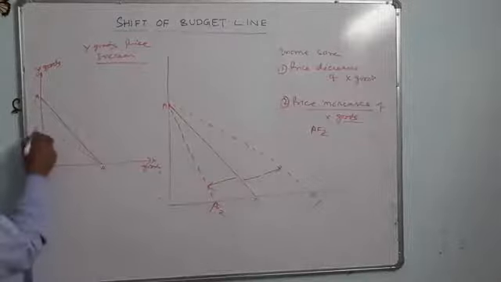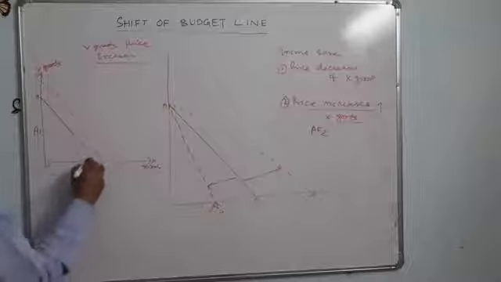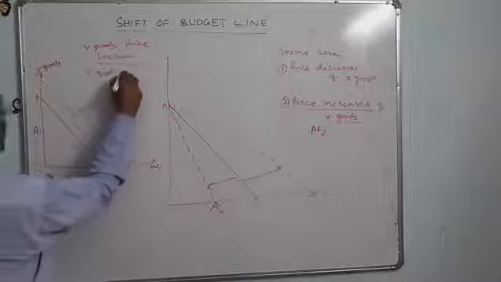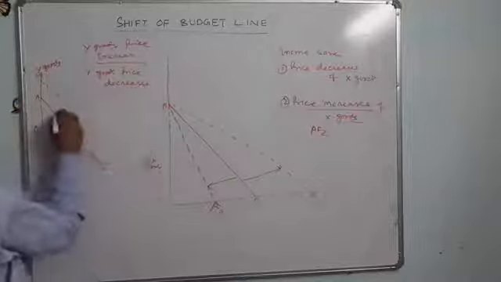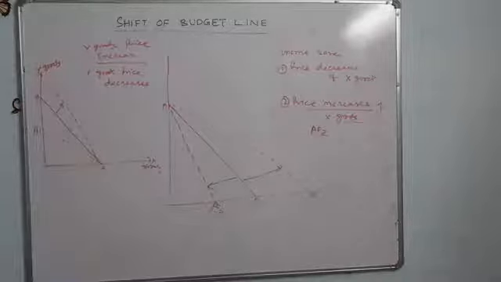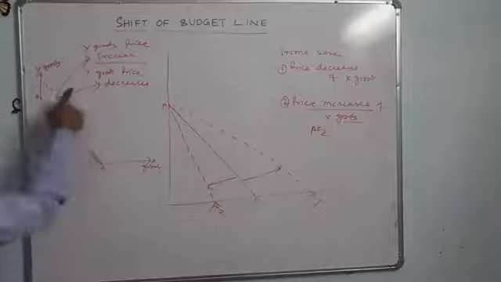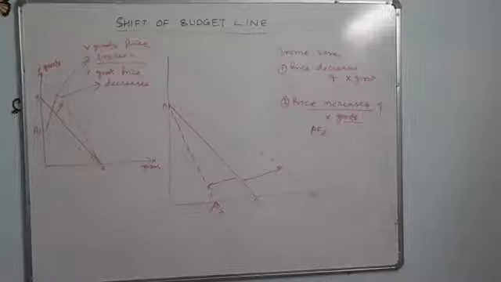This is FA1. And if the Y goods price decreases, it will shift toward the right of the y-axis. If the price rises, it shifts toward the left. This is the conclusion on the shift of the budget line, the change in the price of the commodity and the change in income.